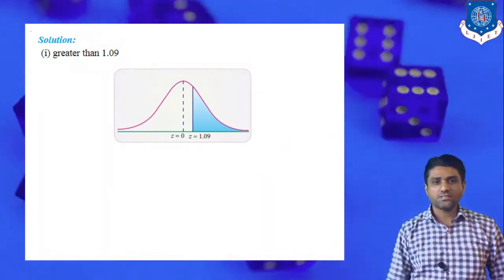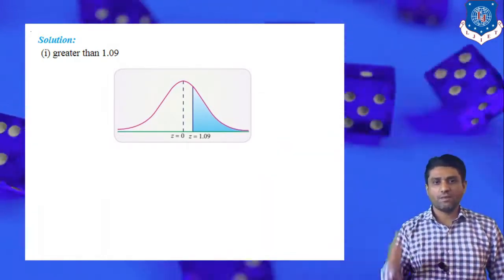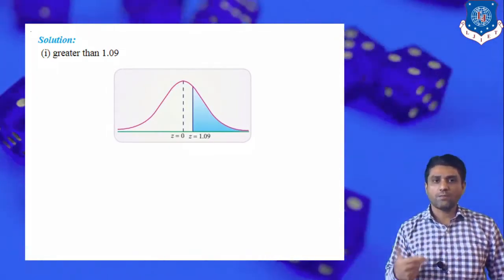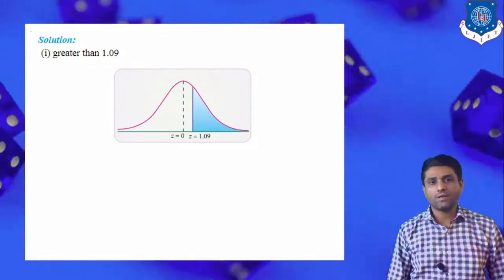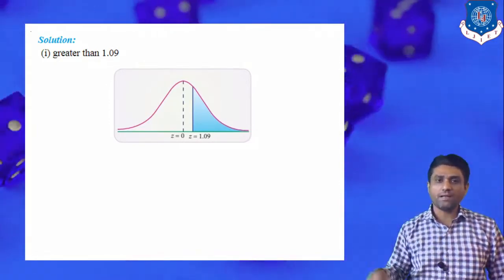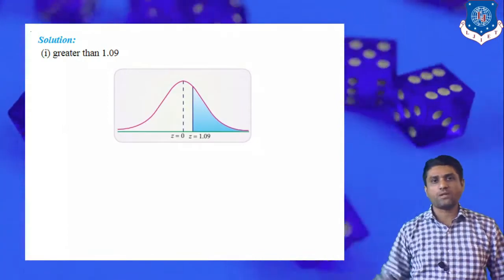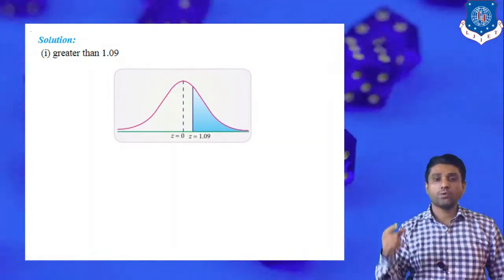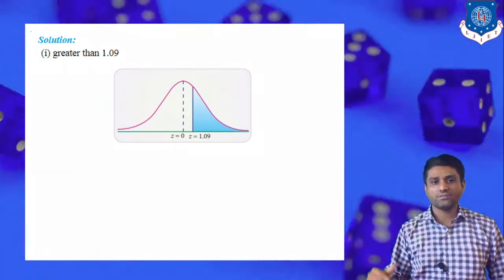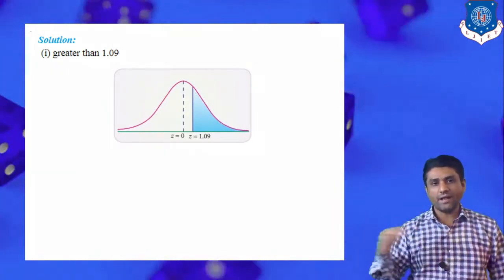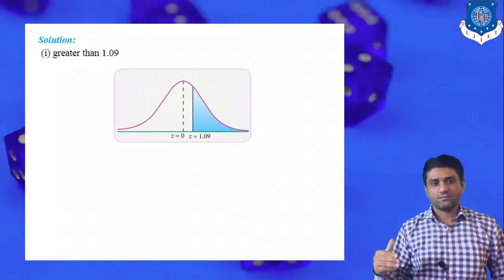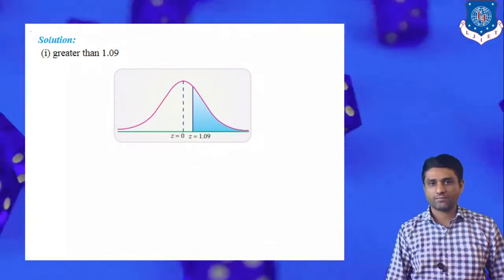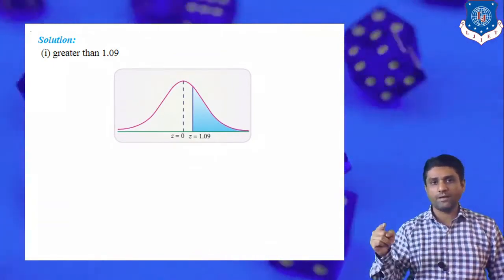Just on the right hand side we consider the line z equal to 1.09, and we are interested in finding the probability of z greater than 1.09. So it's all the portion which lies to the right hand side of the line z equal to 1.09. We highlight it by shading it blue. So this shaded area represents the probability when z is greater than 1.09, and our interest is to find the probability of that portion.